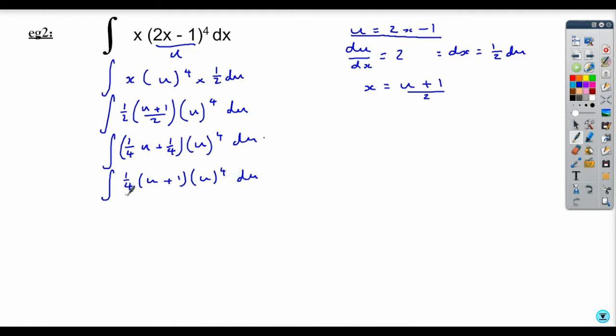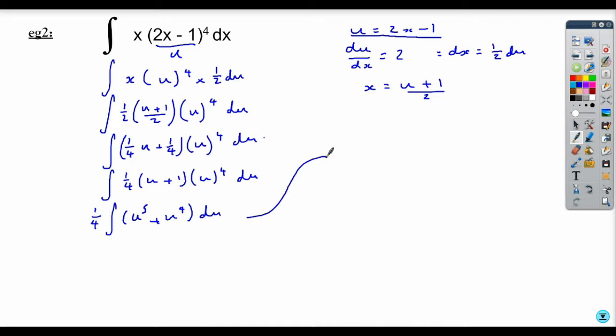I can now take out this constant, this 1/4. So I'm going to take this out of the integral, and if I multiply out these brackets now, I'm going to have to integrate u to the 5 plus u to the 4 with respect to u.